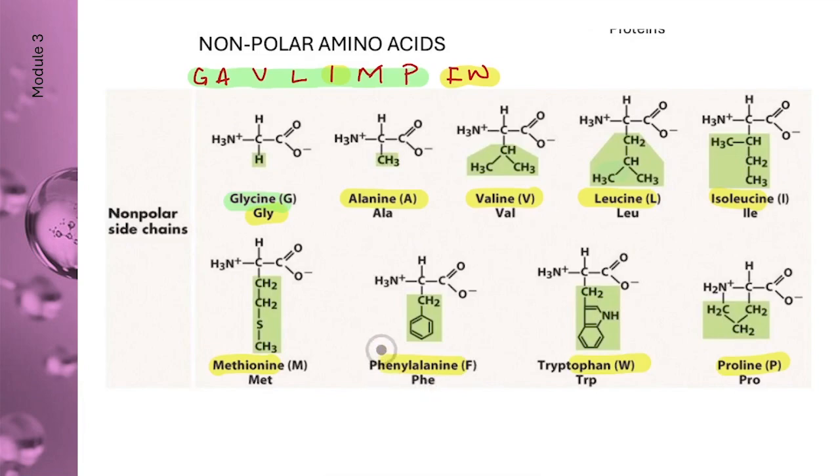We'll be learning them in a bit, but I will just advise that you spend some time with them so that you actually memorize them. The same thing for tryptophan. Tryptophan is W, and I guess it has to do with the benzene ring, but the 3-letter is TRP. Proline is a P, and of course the 3-letter is PRO. But these GAVLIMP FW form the nonpolar amino acids.